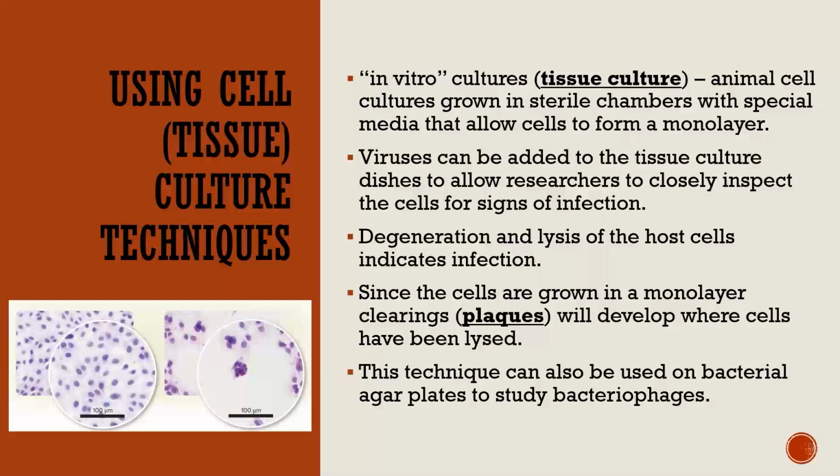And then when you look at them on the microscope, you'll see they're grown in a monolayer, or a singular layer on the dish. And this is great for if you're trying to study viruses. It gets us a little bit further than whole animals in some cases.